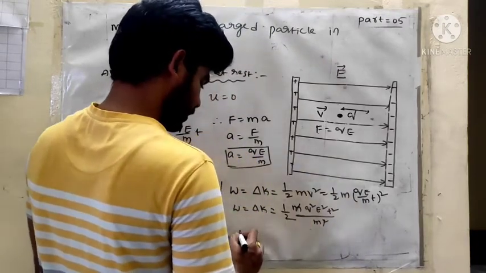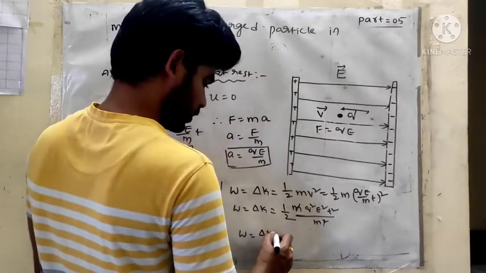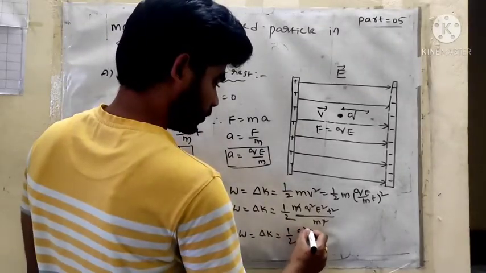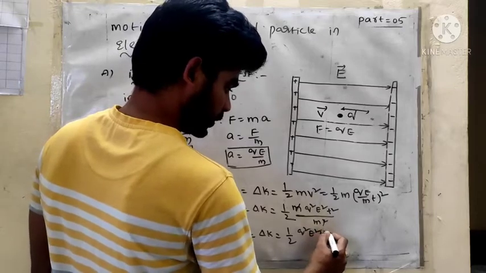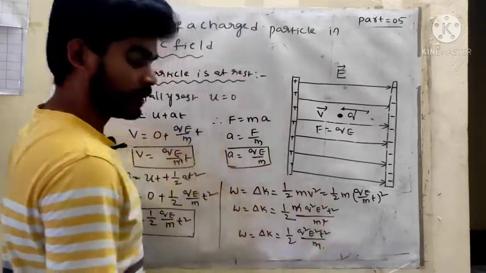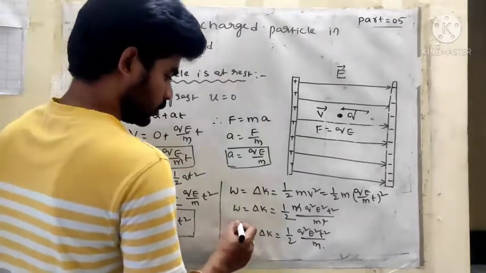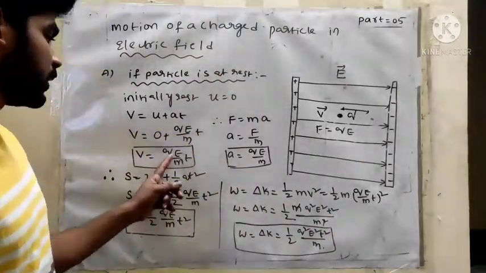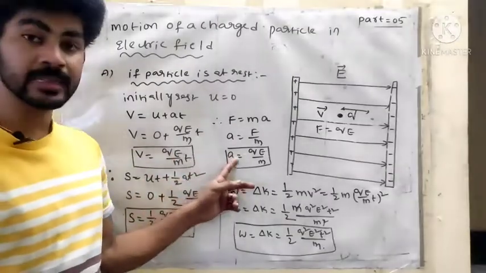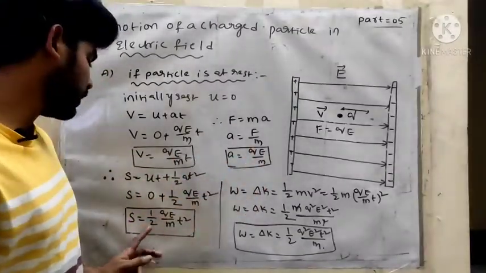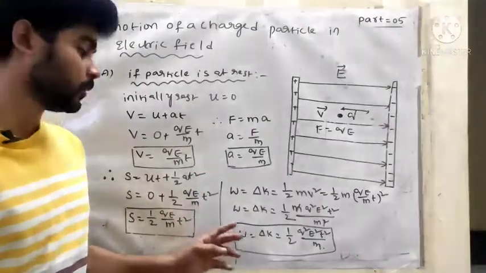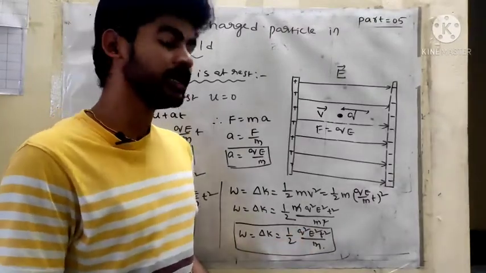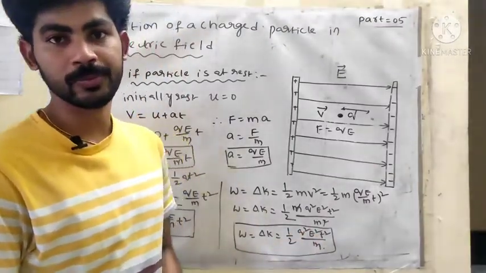The m cancels, so the change in kinetic energy is q square E square t square by 2m.